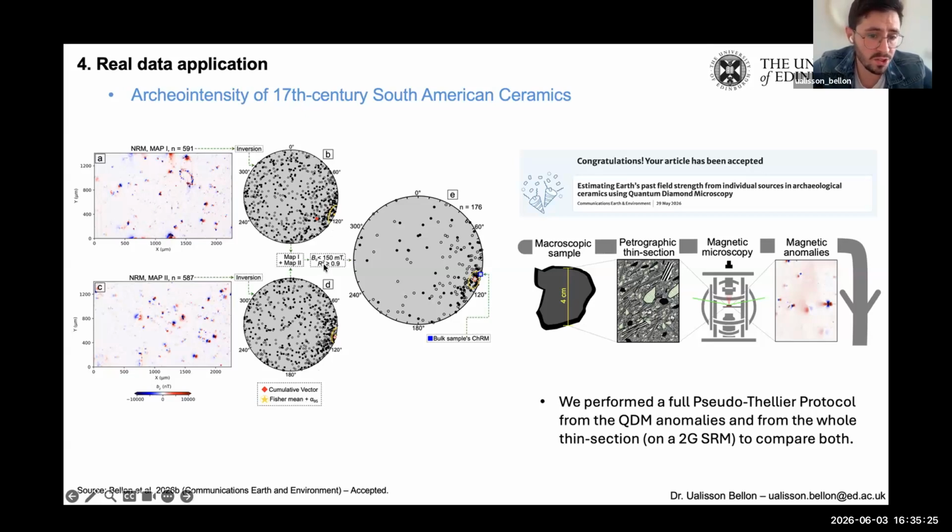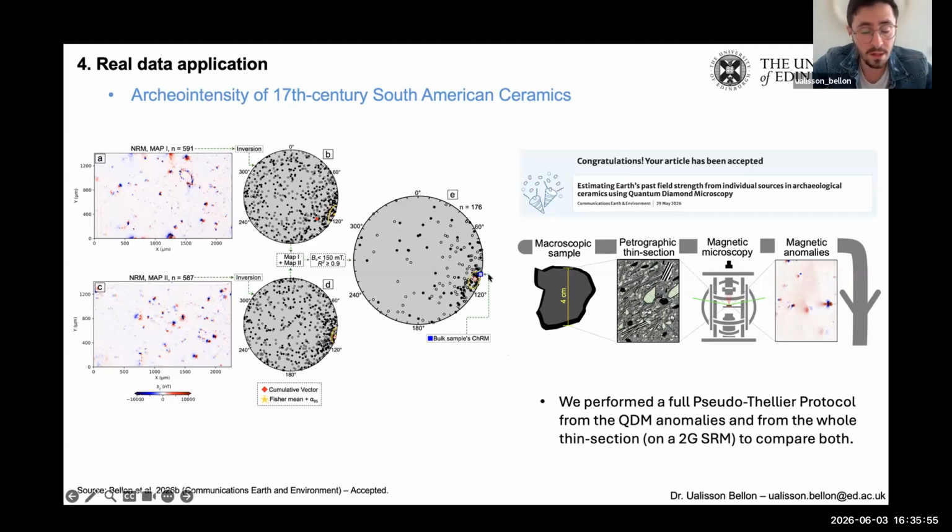Once we filter only for the things that our dipolar models can fit, so R squared greater than 0.9 and coercivity smaller than 150 millitesla, because we only wanted things that our protocol, which is a pseudo-Thellier, would actually act on, they get directions really close to what we measured for the whole thin section in the 2G rock magnetometer.